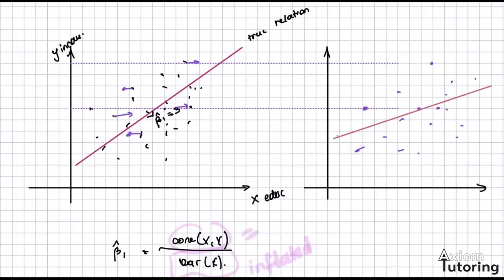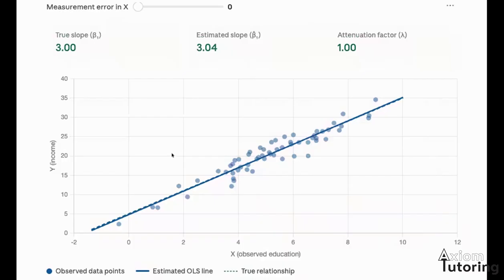But let's see a better visualization of what happens, especially when your lambda changes. What you now see is a better scatter plot of education versus income. We see the assumed true slope of 3, and let's say the estimated slope is 3.4, with an attenuation factor of 1. The data points will spread horizontally the moment my measurement error in X starts increasing.